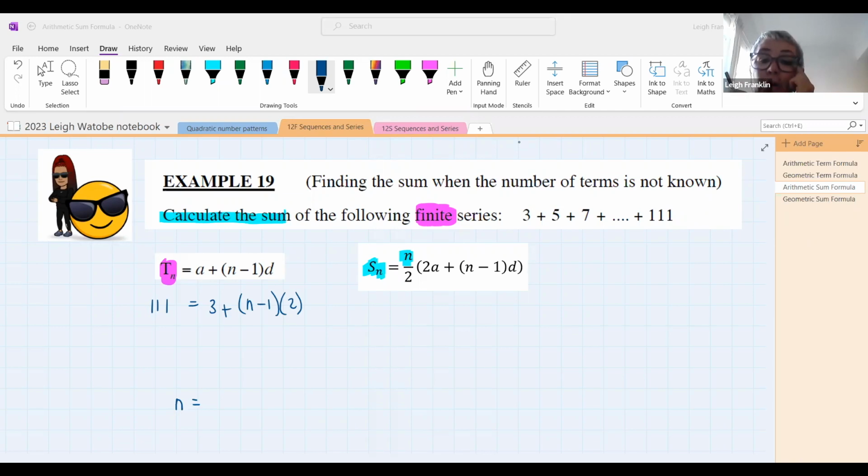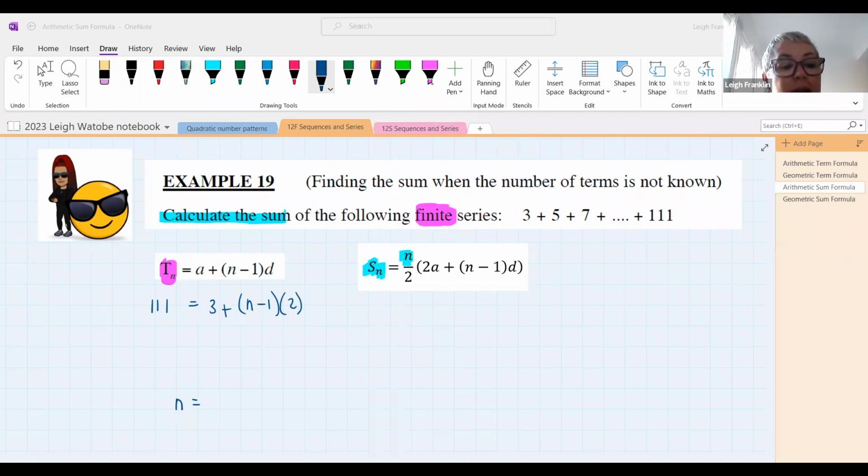Ayanda, you can do the second part of the sum if you want to, if you understand what to do. There we go. So a lot of you are getting that n is equal to 55.